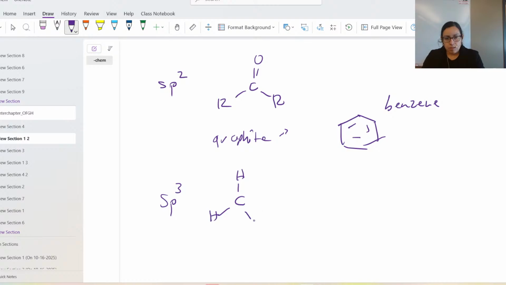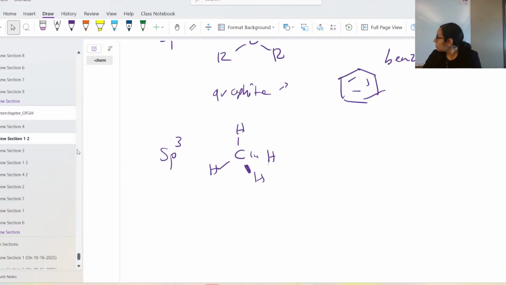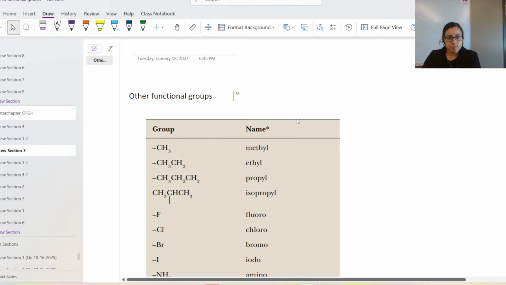And so I'll just draw out methane. But we're always thinking 3D structure, which I think you guys have been doing a pretty good job at, but it's just continuing to practice and put everything together.